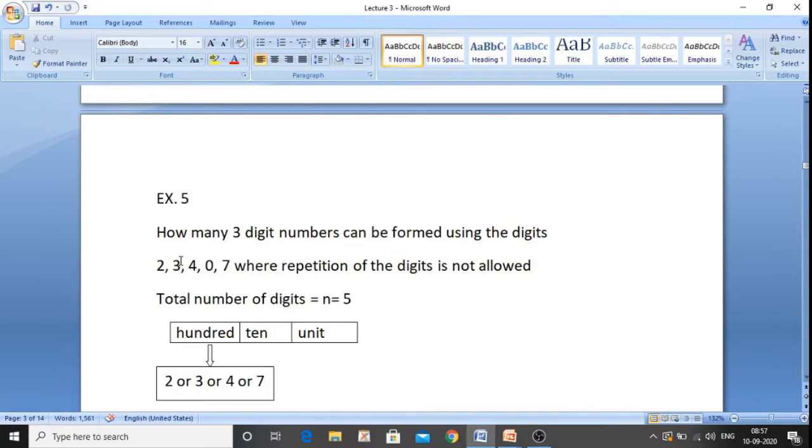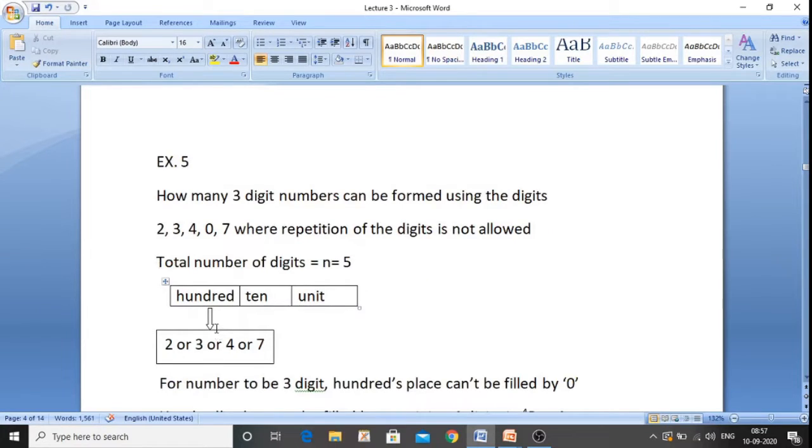Total number of digits is 1, 2, 3, 4 and 5. So n is equal to 5. The number is to be 3 digits. So the 3 places are unit, tens and hundreds. Now if we want that number to be 3 digits, and I place 0 in the hundreds place, then any 2 digits you write, the number will be 0 and something.